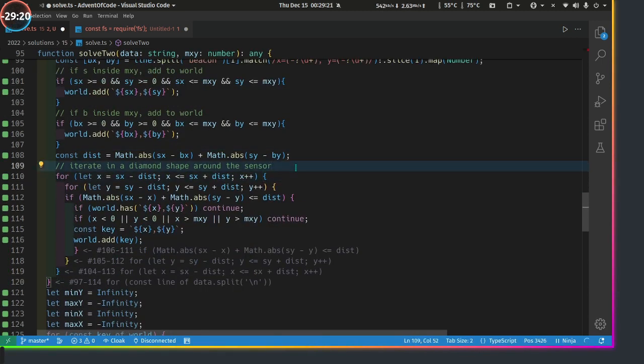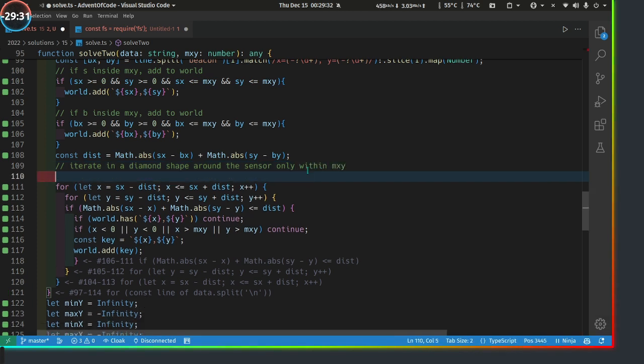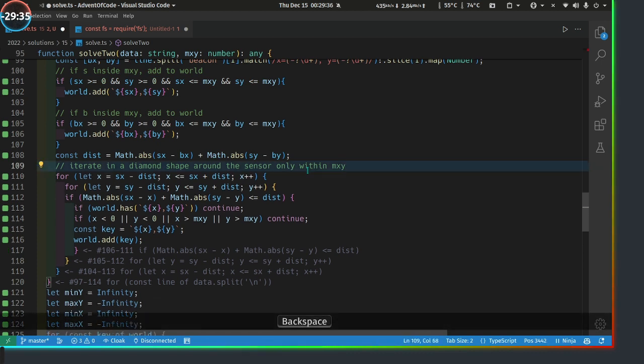Now, here's the fun part. X equals... Okay, only within mxy. It's going to be a tough one, because it's going to have to be a min and a max. Only between 0 and mxy.